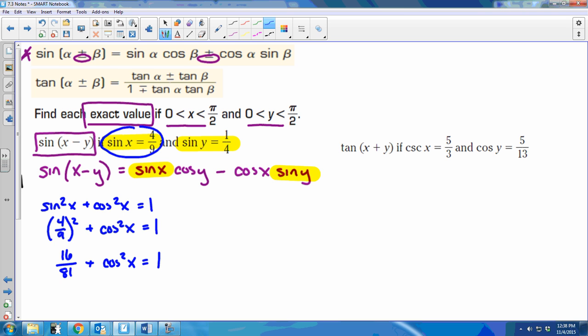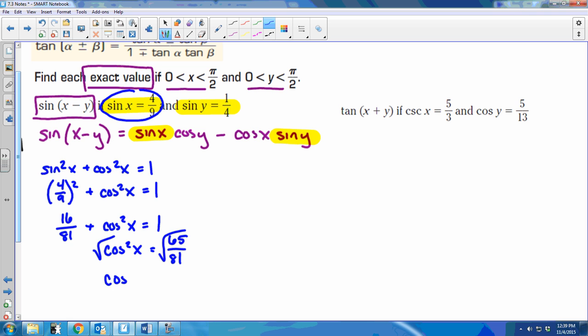Then we're going to solve for cosine, so we have to subtract 16/81. And that should be 65/81. If you want to check my math, you can use your calculator. And I'll take the square root. And we get the square root of 65 over 9. Well, that's learning target 2.